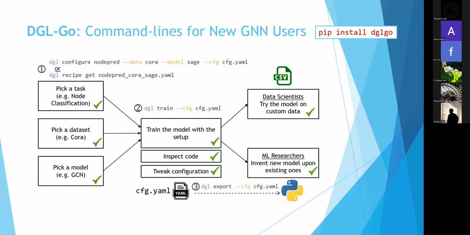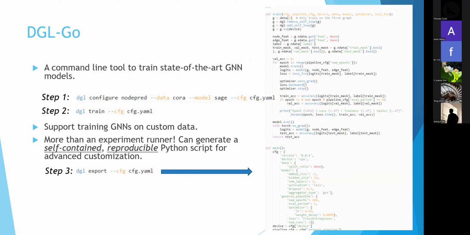Here is a brief preview of what the generated Python script will look like. After you run the command DGL export, you will get a Python script like this. This essentially makes DGL Go not only a command line tool, but also a code generator that generates a Python script for you.